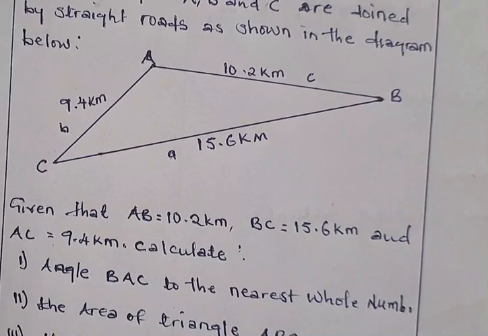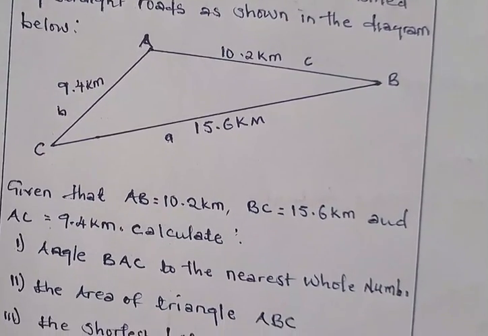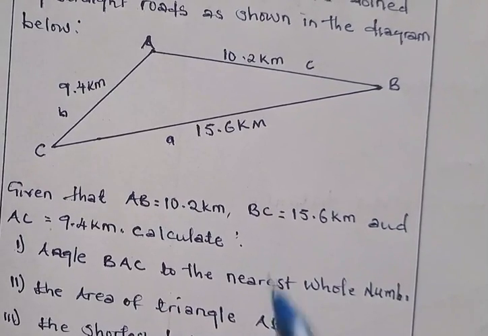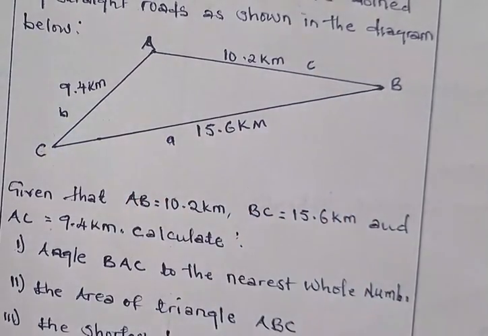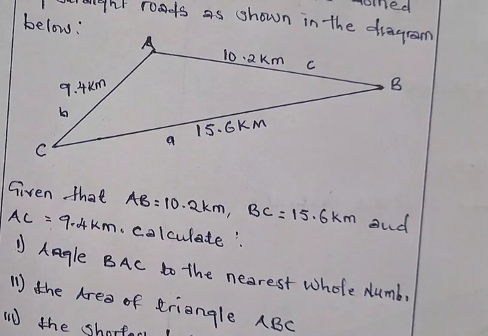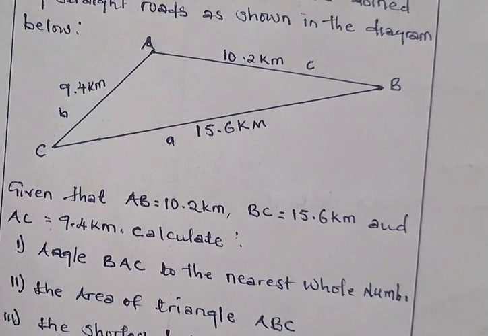I'm writing 9.5, I'm saying 9.4. Yeah, squared plus c squared, this is c squared there, it's 10.2 squared.